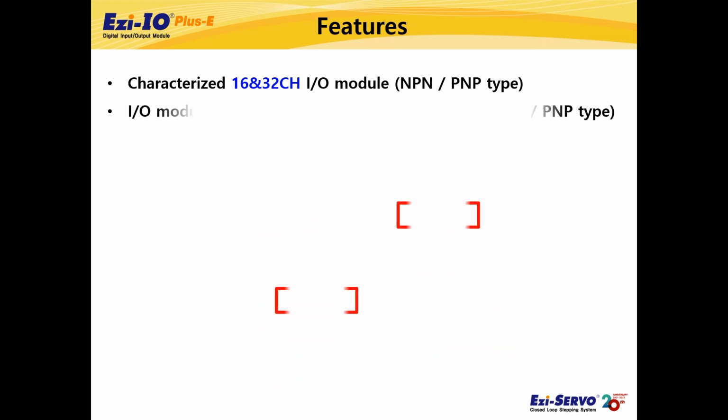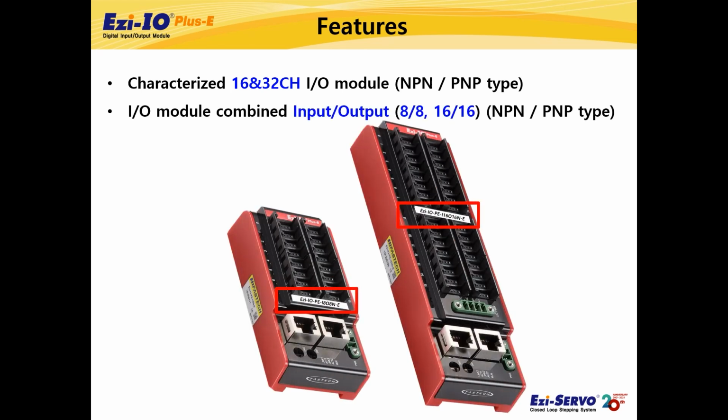And, there are also modules with combined input-output. For example, in case of 16-channel product, an 8 input channel and 8 output channel combination product is available, and in case of 32-channel product, a 16 input channel and 16 output channel combination product is available.